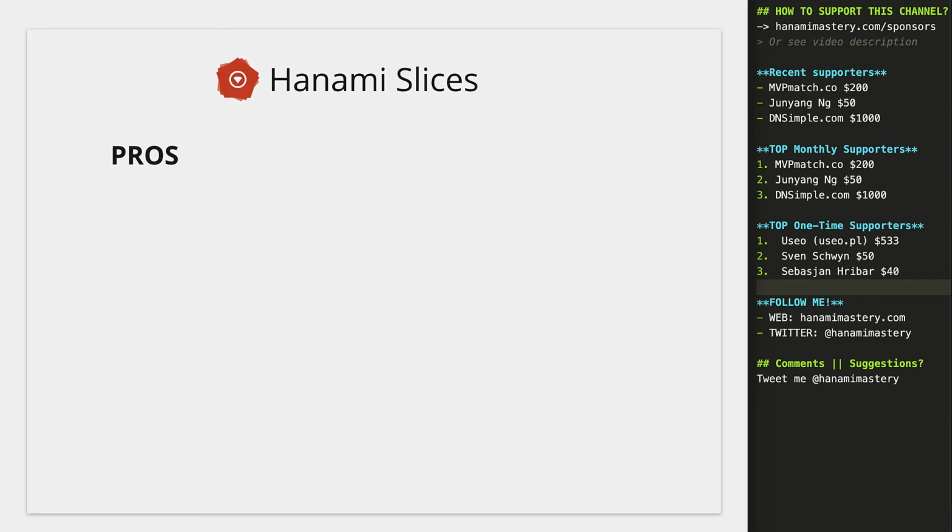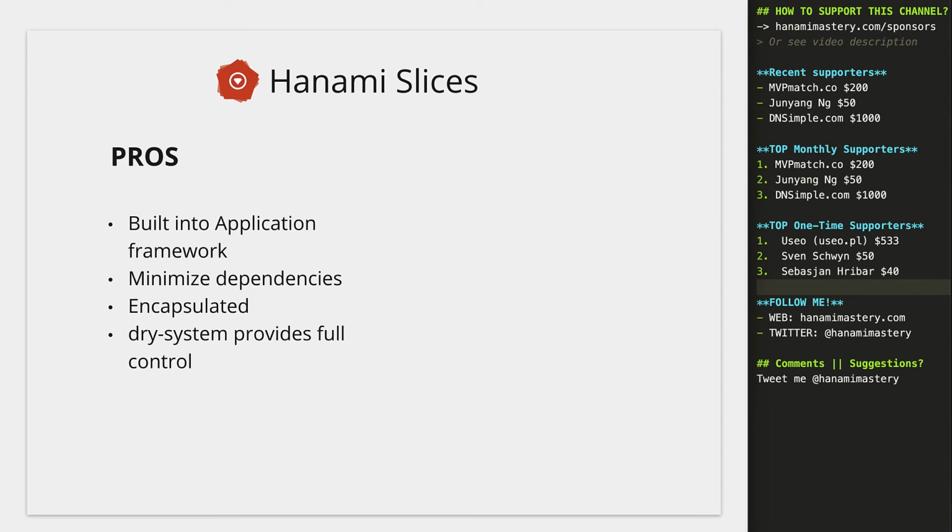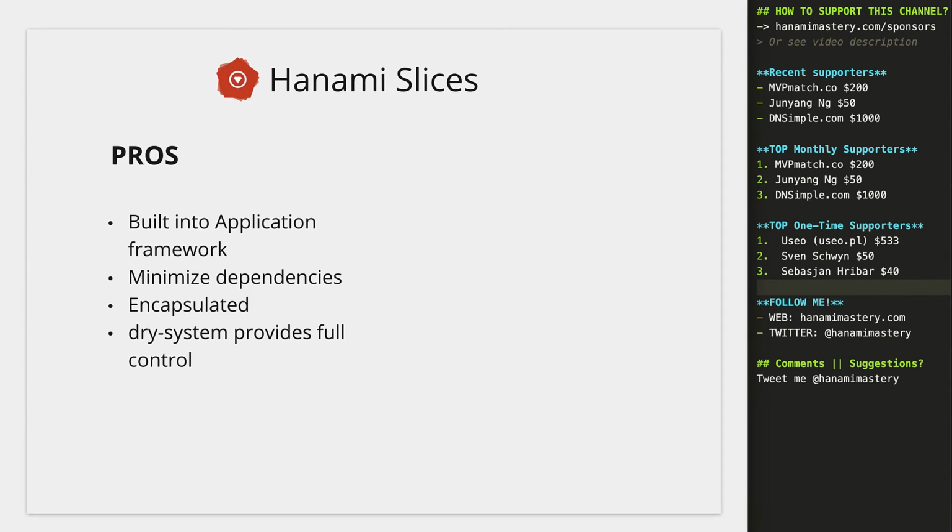Hanami is a complete Ruby application framework, and we can minimize the number of dependencies if we leverage the power of the framework itself to implement our business. Slices by default are encapsulated and independent of each other, but because of dry system dependency management, we have full control over making some pieces public and exporting some dependencies to other slices.